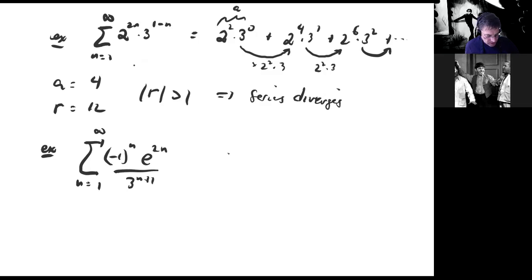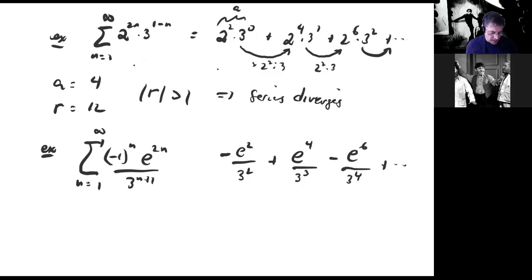It starts off as minus 1 times e squared over 3 squared, plus e to the 4th over 3 cubed, and the next term is negative e to the 6th over 3 to the 4th, and so on.